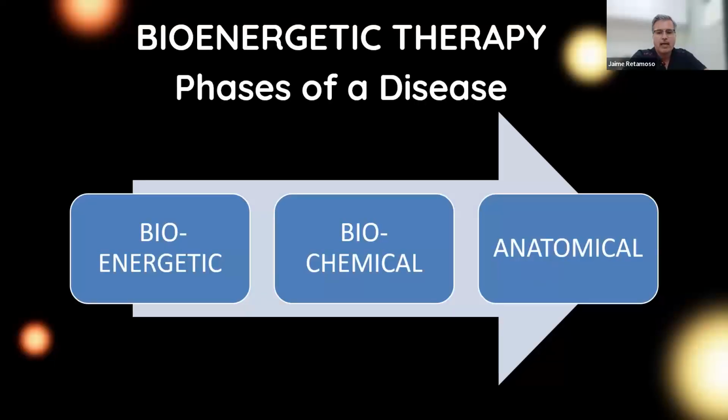Let me explain. We have about 100 trillion cells in our body, and each one of them has its own energy production. This is the mitochondria. Every cell could have several mitochondria, or only one, depending on the service that the cell gives to our body.